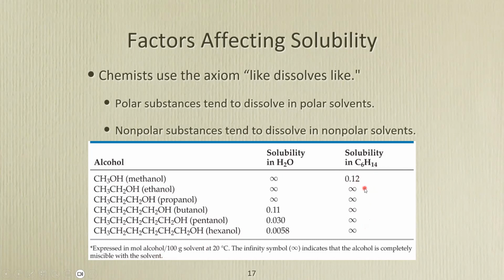Whereas as we move down, we get less and less polar. So we see in this case, they're all just represented with the infinite symbol, but we're seeing the solubility increase in general as we go down, just because these are more nonpolar, so they'll dissolve better in that nonpolar solvent. So like dissolves like just means polar dissolves in polar, nonpolar dissolves in nonpolar.